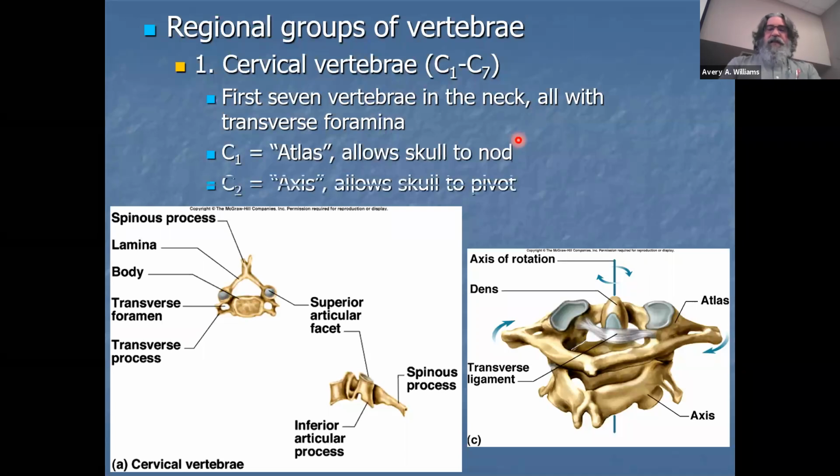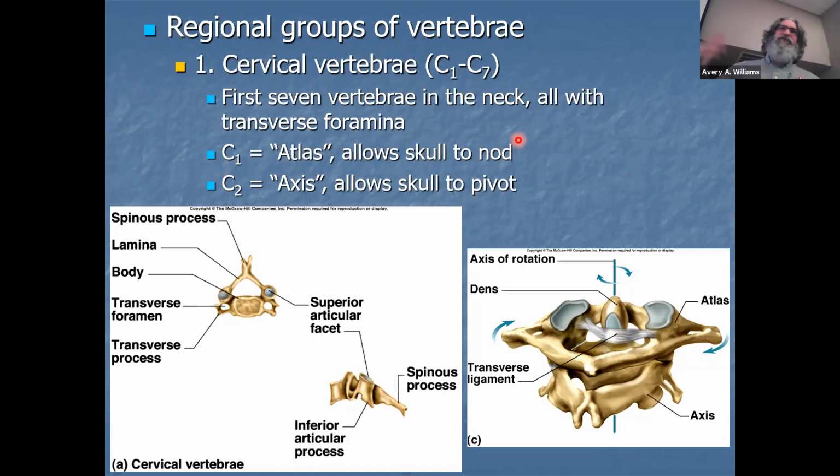And then of the 7, the first 2 are special. These are the only 2 that I would want you to really know to be able to isolate, because these 2 are very special. Their morphology is shifted somewhat compared to the other 5, C3 through C7.